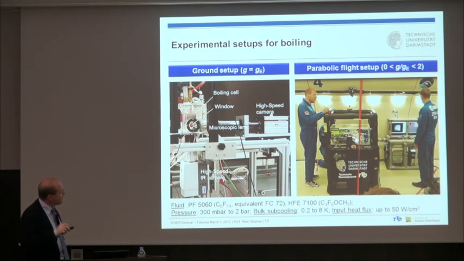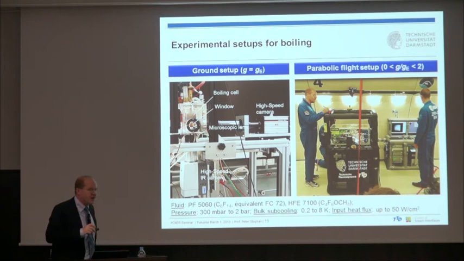And this here is basically a similar experiment, but in a parabolic flight configuration. You see me here standing in front of the parabolic flight experiment. So we go with that from France, from Bordeaux, with the help of the European Space Agency, into a parabolic flight situation where we can have gravitational forces as low as almost zero, as in space, and in the recovery phase of the airplane and in the initial phase when the airplane lifts, we have 2G.